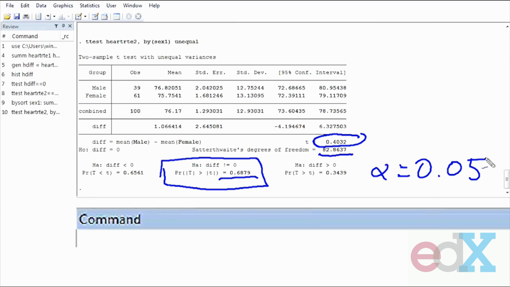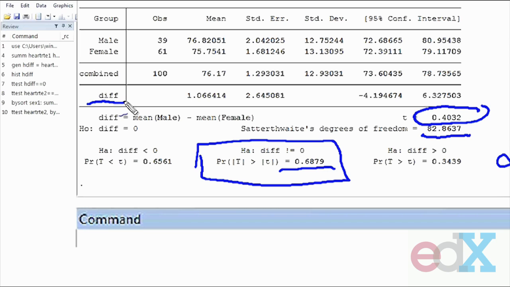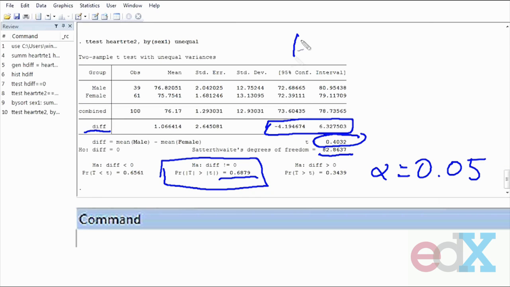rate for women. Next, let's take a look at this difference row, and let's look at a 95% confidence interval. We could rewrite our null hypothesis as mu of males minus mu of females equals 0, and our alternative would just be that that difference is not equal to 0.